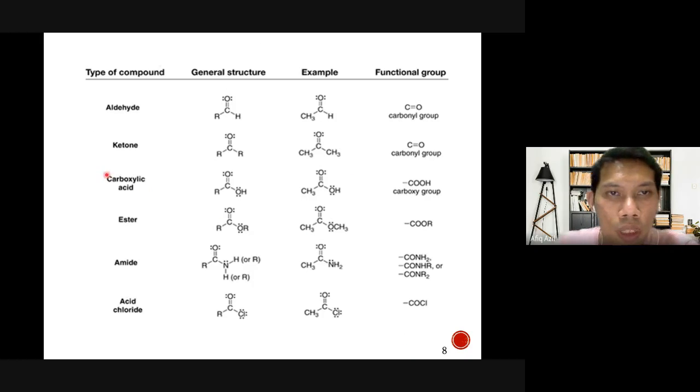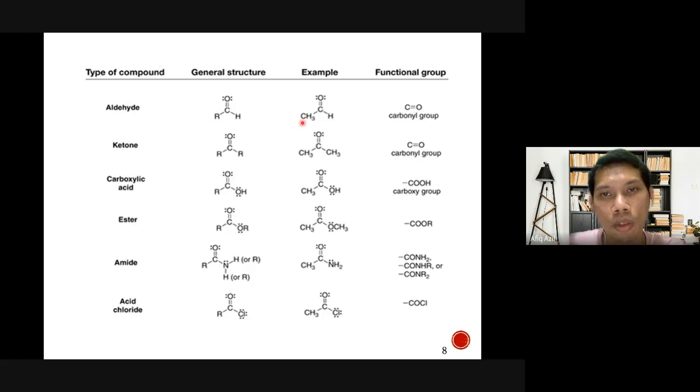And then you have the aldehyde and ketone. These two contain carbonyl group, which is C double bond O, but the position of where this carbonyl group is present differs. For aldehyde, it is at the terminal end, which is the last carbon. You have C double bond OH, and only on one side you have the R group.